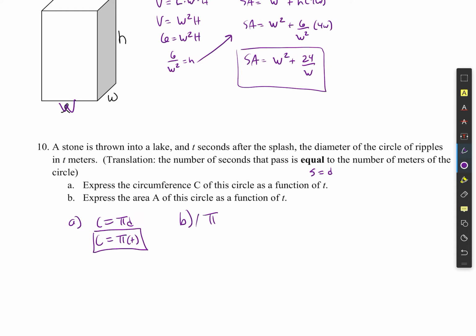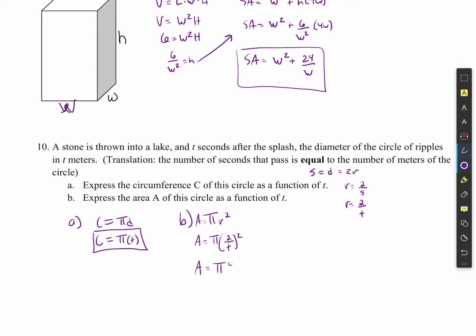So area equals pi r squared. Well, if the seconds equals diameter, the seconds equals 2r. Alright, so r equals 2 over the seconds, which in this case we're saying r is 2 over time. So A equals pi times 2 over t squared.